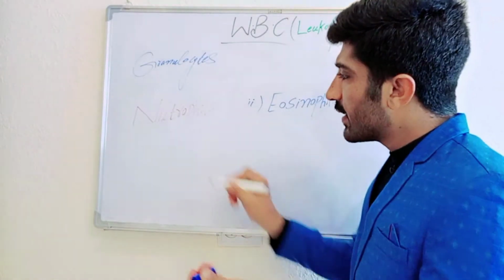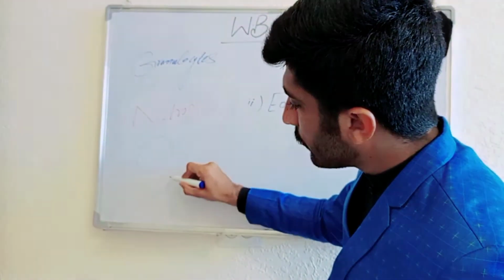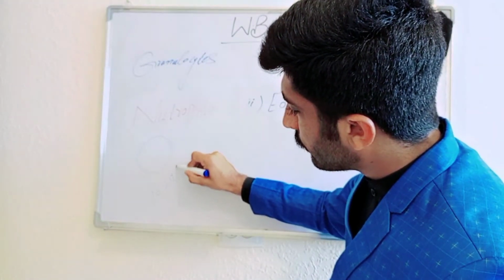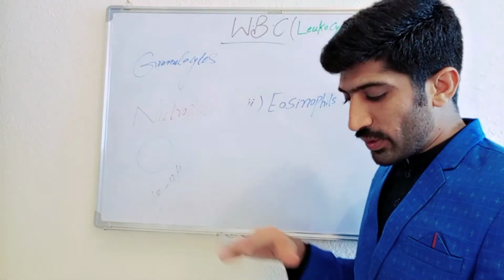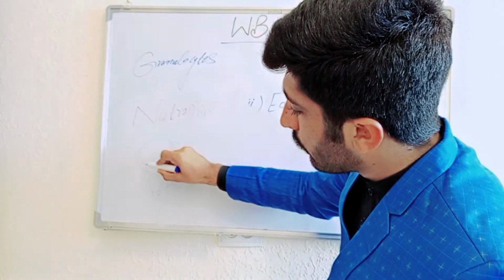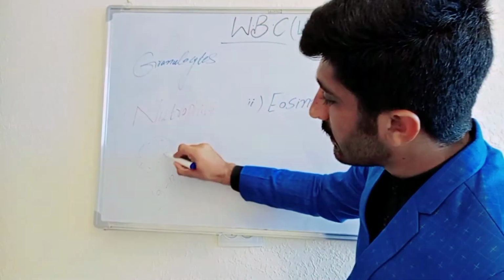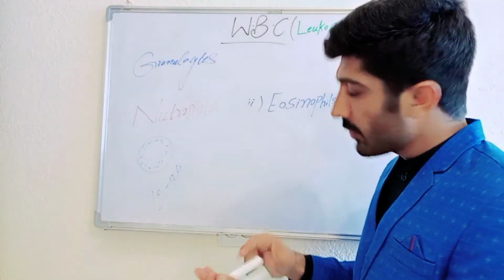Students, the diameter of this cell is 10 to 12 micrometers. In the cytoplasm of this cell, small size granules are present, like this.